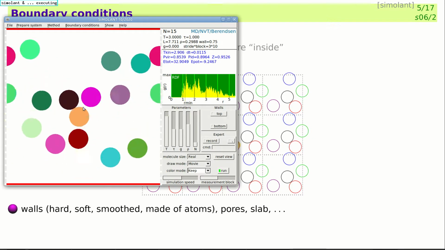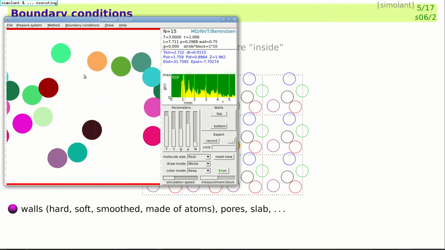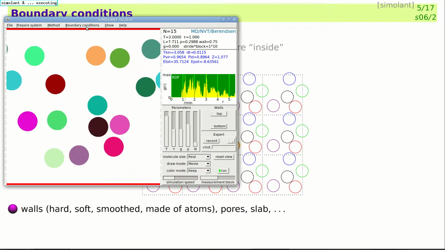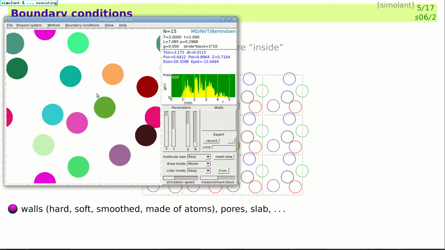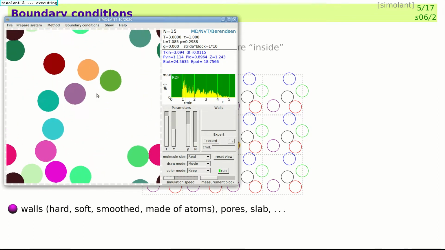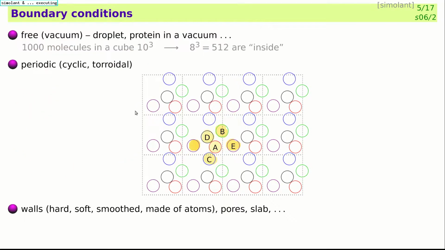So you can see how the molecules go from one box to the other, or also I can have the fully periodic boundary conditions. Often we use different walls, or we can have different boards, that is systems which are periodic only in some dimension.